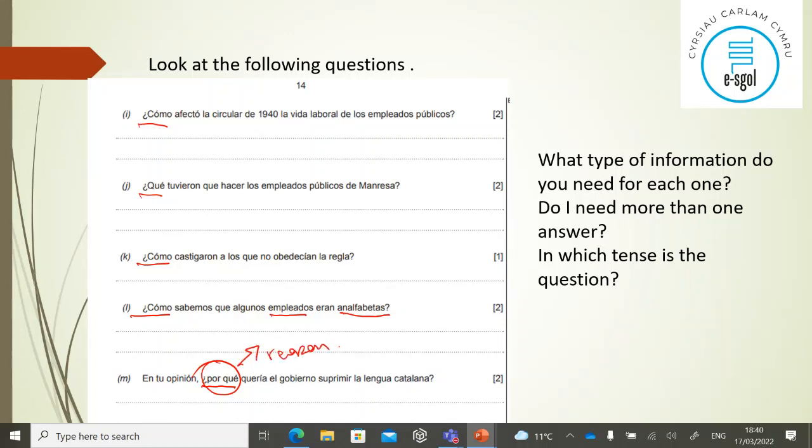Yeah. How do we know? How were those that didn't obey the rule punished? What did the public employees of Manresa have to do? How did the 1940 circular affect the working life of the public workers?